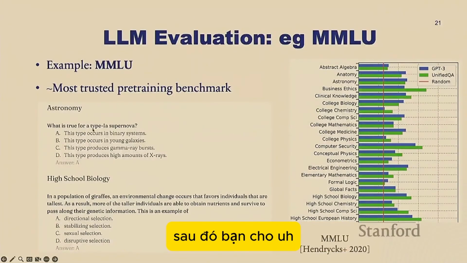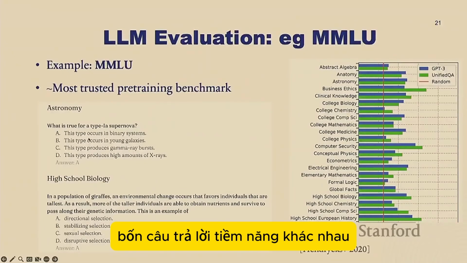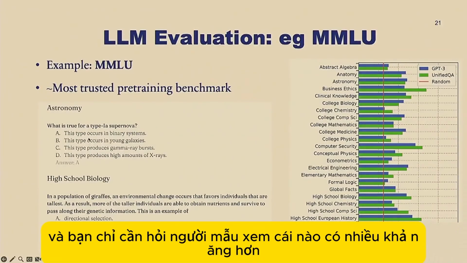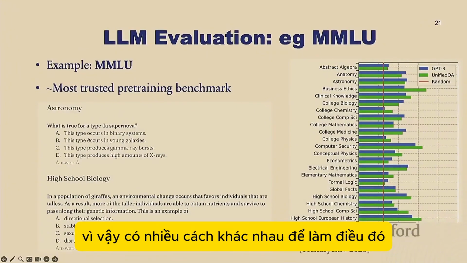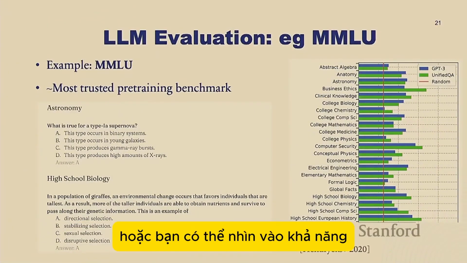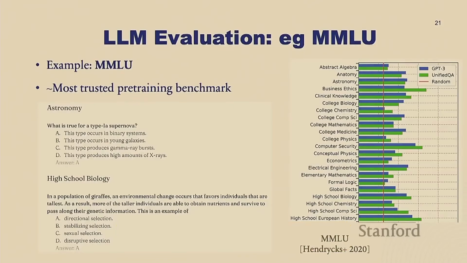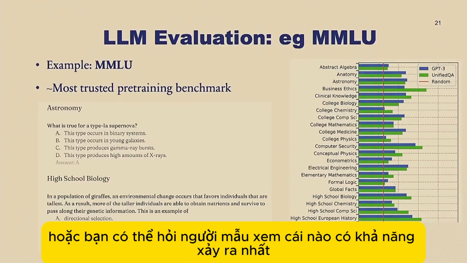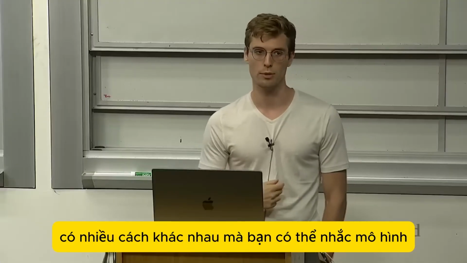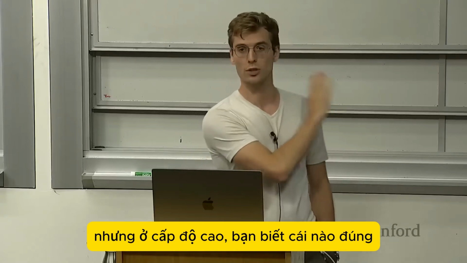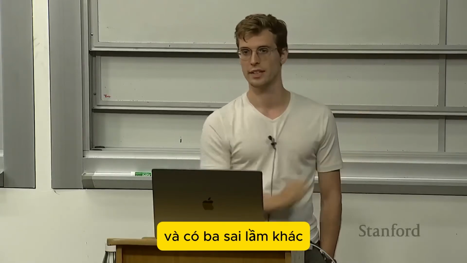Then you give 4 different potential answers, and you just ask the model which one is more likely. There are many different ways of doing it. Either you can look at the likelihood of generating all these answers, or you can ask the model which one is the most likely. There are different ways that you can prompt the model, but at a high level, you know which one is correct, and there are 3 other mistakes.